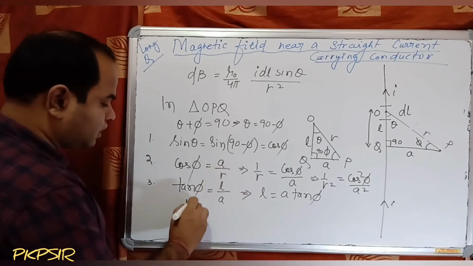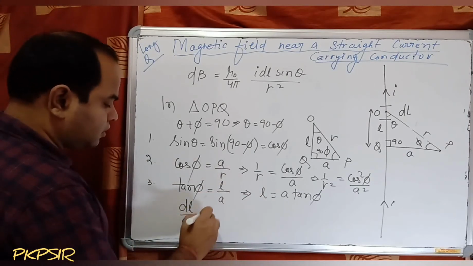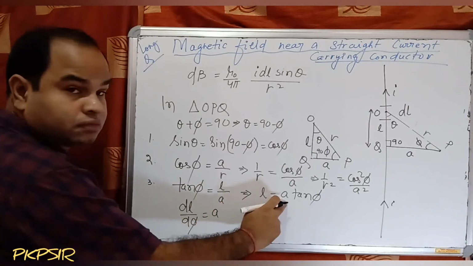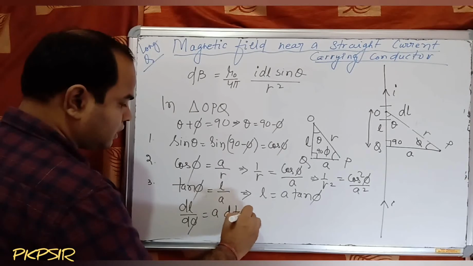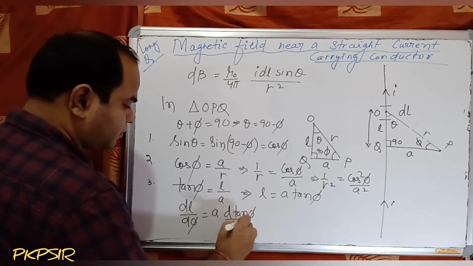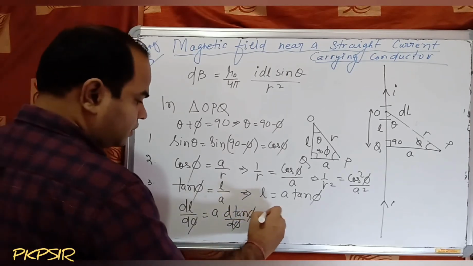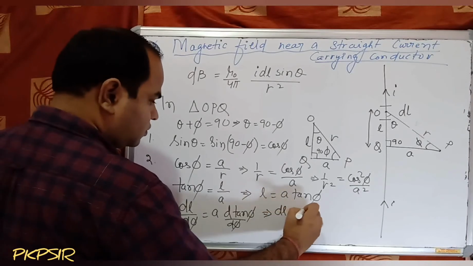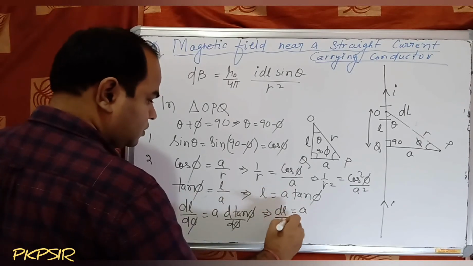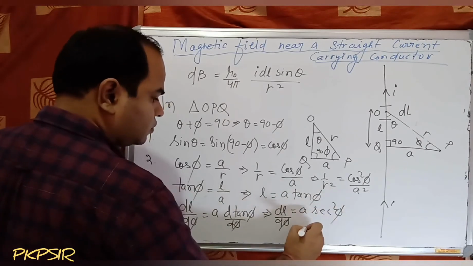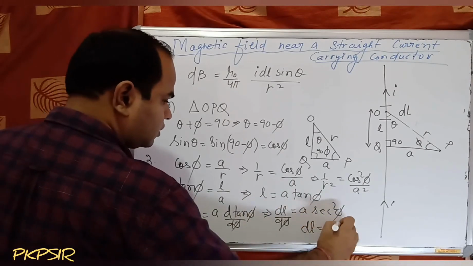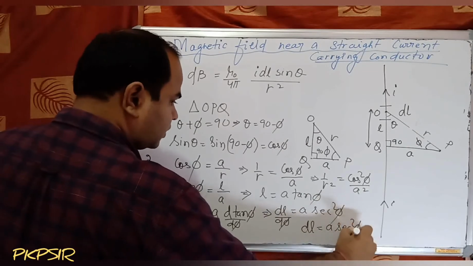So dl by d phi is equal to a, the constant, times d tan phi by d phi. That implies dl is equal to a sec square phi d phi.